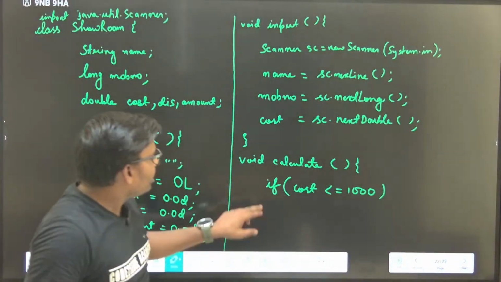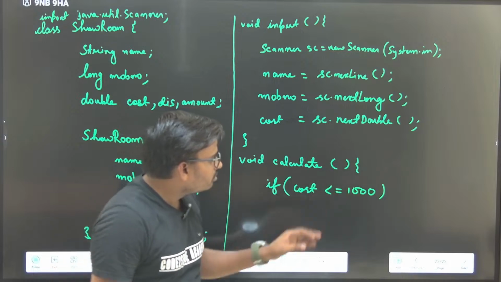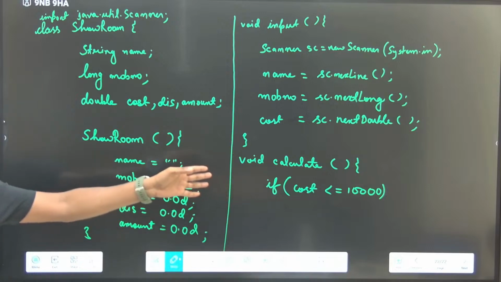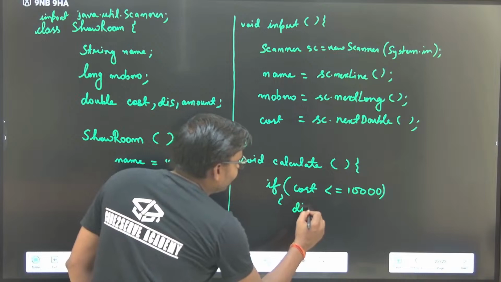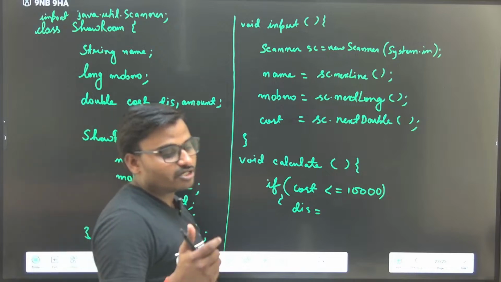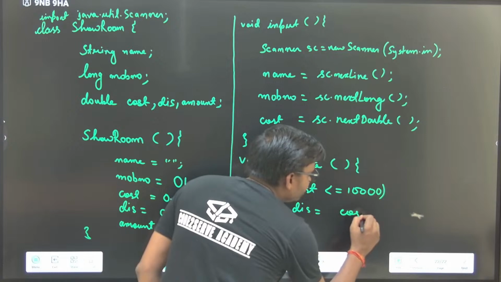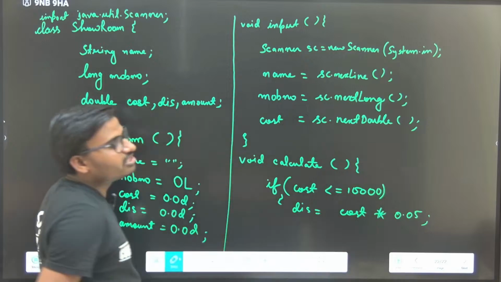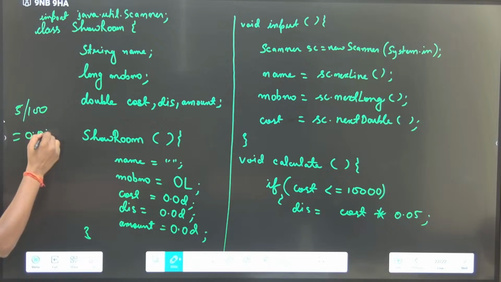What will happen? If my cost is less than or equal to 10,000, then the discount is equal to, what will be the discount? 5%. 5% of what? Cost price. So cost into 0.05. 5% means 5 divided by 100, which is 0.05.